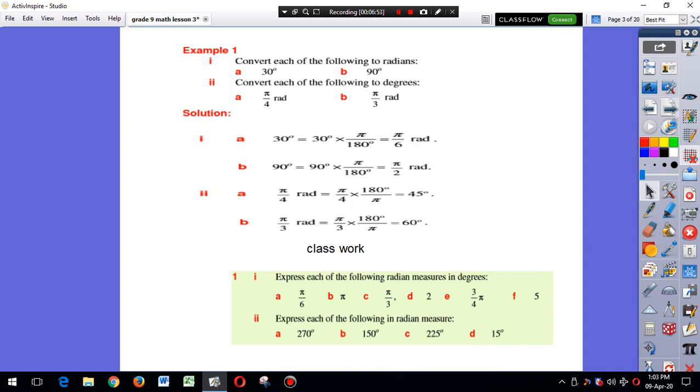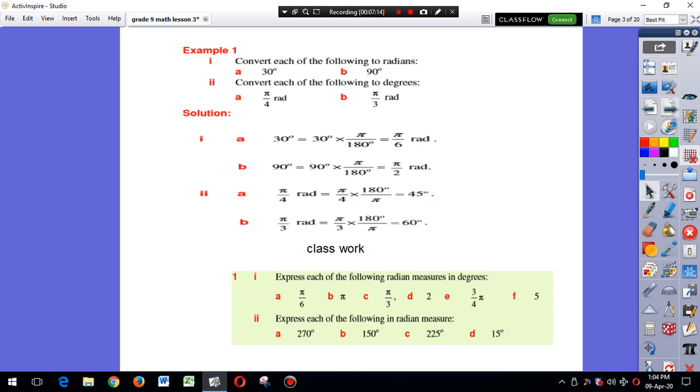Roman number 2, we are asked to convert into degrees because it is given in radians. So we are going to see the first question, Roman number 2a, pi over 4 rad, which is equal to pi over 4 times 180 degrees over pi.